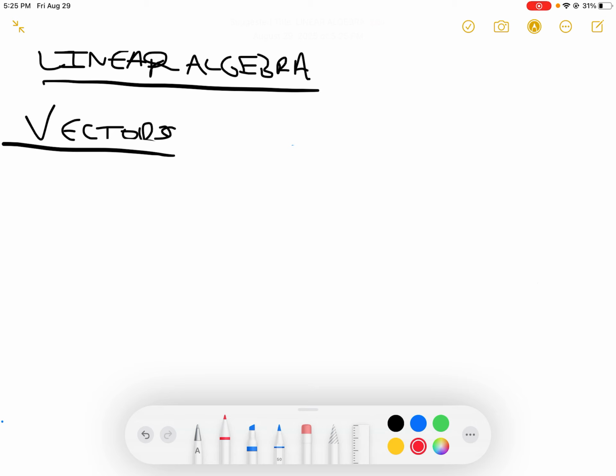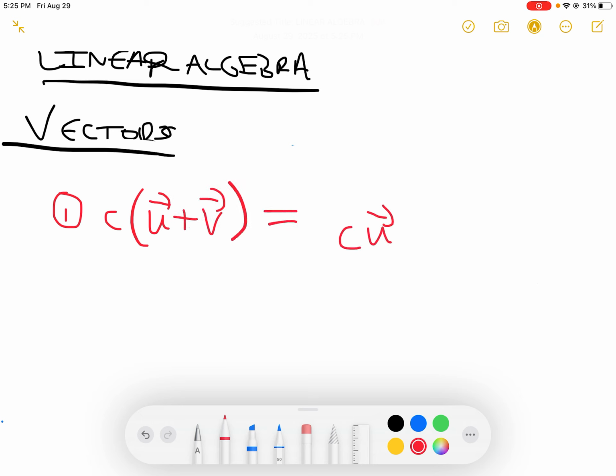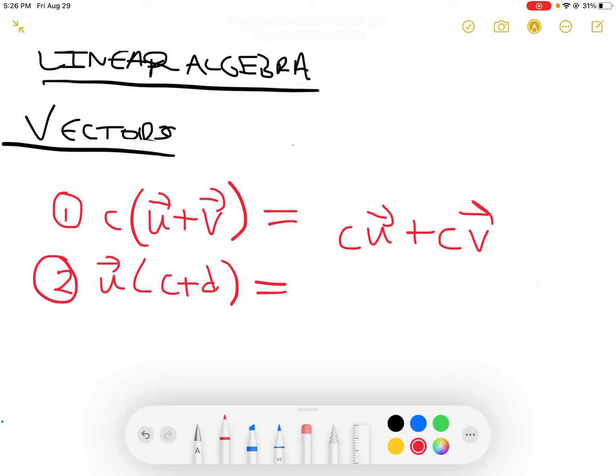But some things that are going to be true for scalar multiplication is that if you multiply by a constant with something like that, what you can do is just distribute that constant like that. But additionally, if you have a vector that you're distributing two constants, you can still do that just the same.